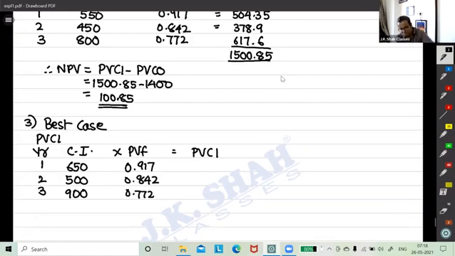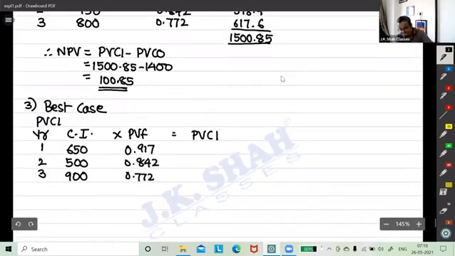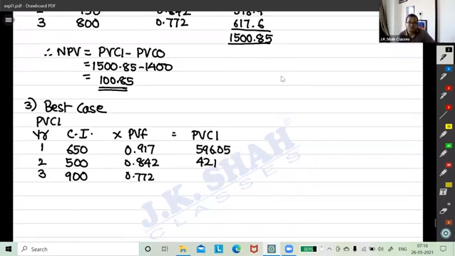650 into 0.917, 596.05. 500 into 0.842, 421. 900 into 0.772, 694.8.